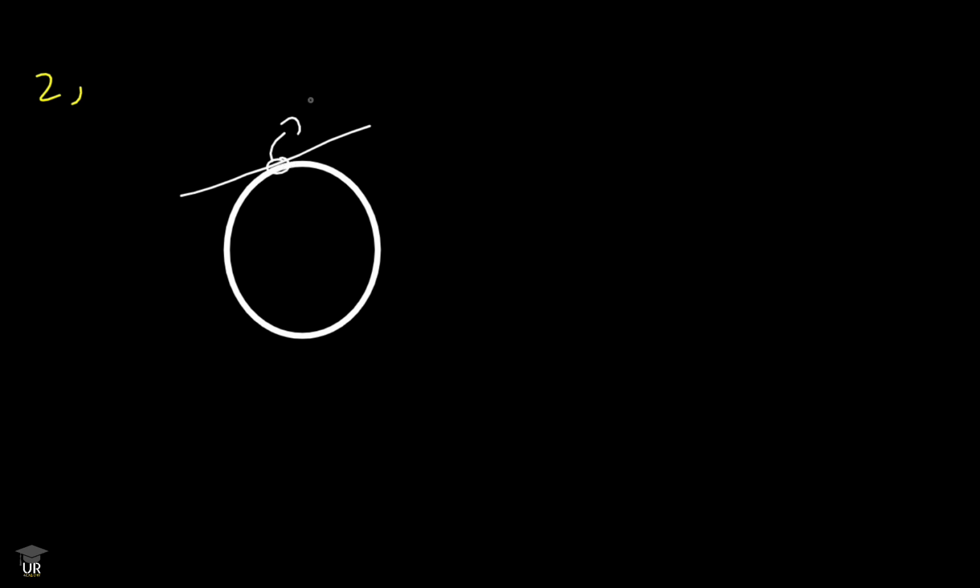So this is a case of real and equal roots. We call them real and equal roots. So here we only have one value of the root. So that is why this is known as real and equal roots, and this is your tangent to the circle.